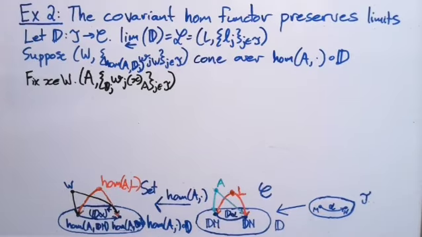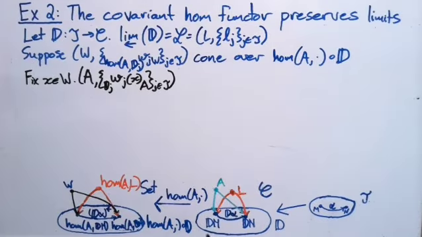So the question is, it looks like a cone, but what do we need for it to be a cone? The legs would have to commute with the morphisms in this diagram here, right? Like these D alphas. But we do know that we have that commutativity property over here, right? Since this is a cone for sure.